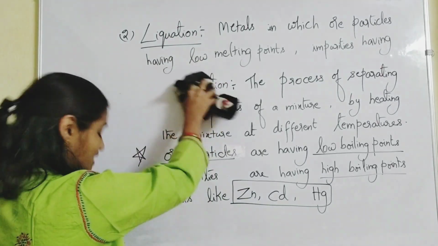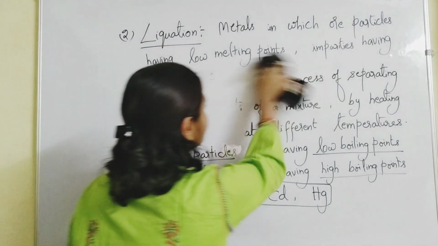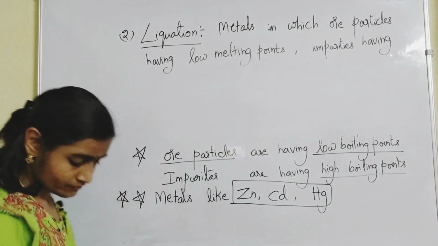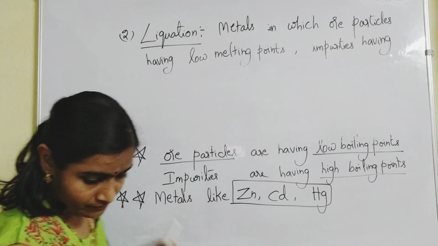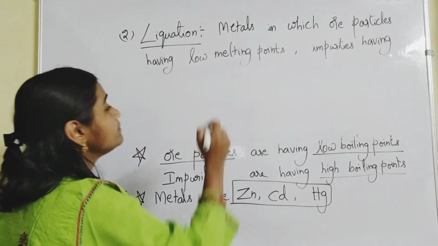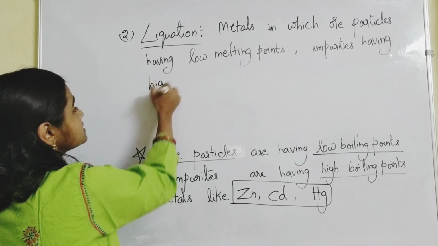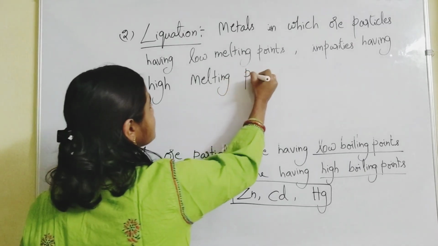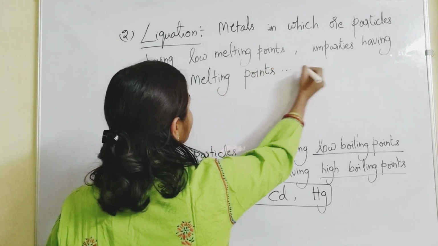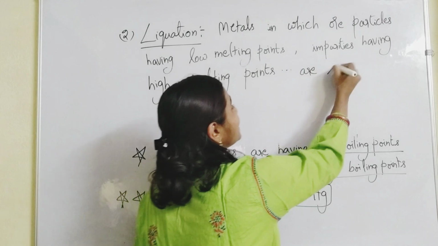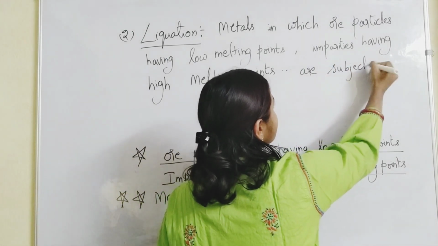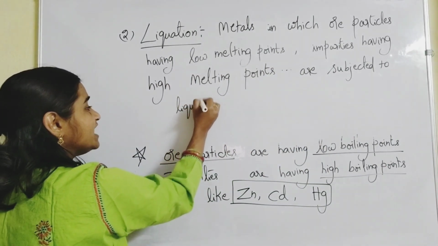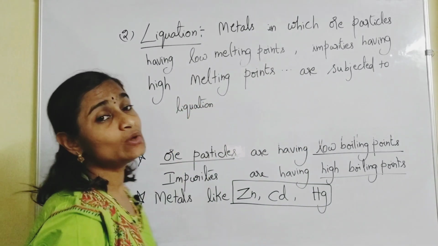So let us learn about this. Impurities having high melting points are subjected to the liquation process. Liquation is also a kind of heating only, below its melting point.